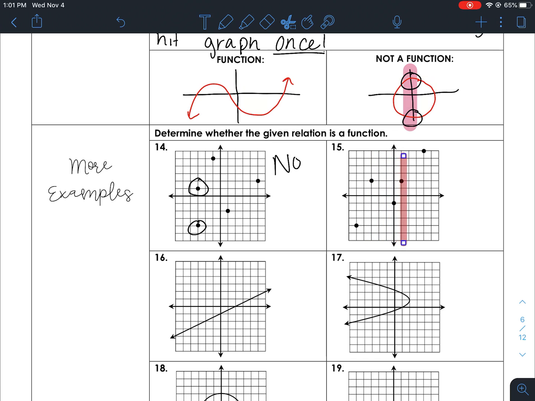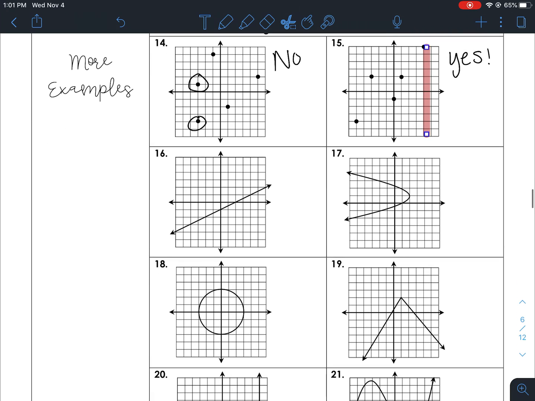Only once. Still only once. And only once. So this is a function. Let's try it again. So once again, I'm dragging my line across. And as I drag my line across the graph, it only hits it once. So that is a function.